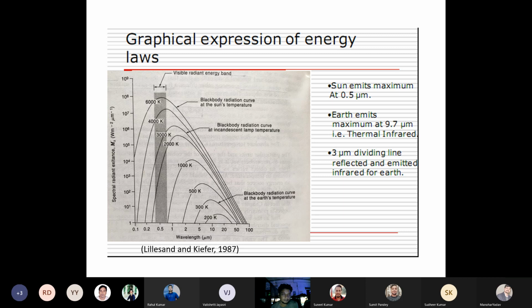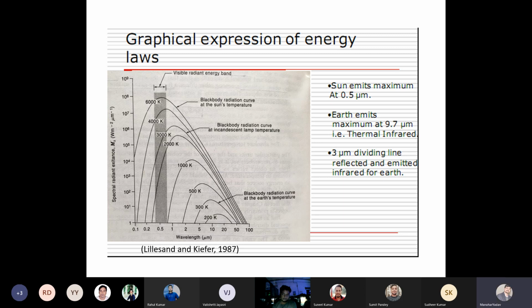If you see how much portion of the radiated energy curve from the sun falls in this bar, the peak of that particular plot falls in this bar. So the peak of the plot of 6000 degrees Kelvin falls within the visible spectrum.